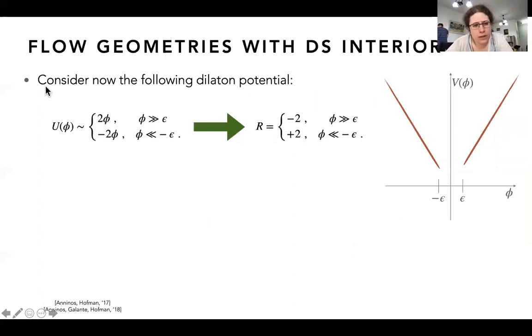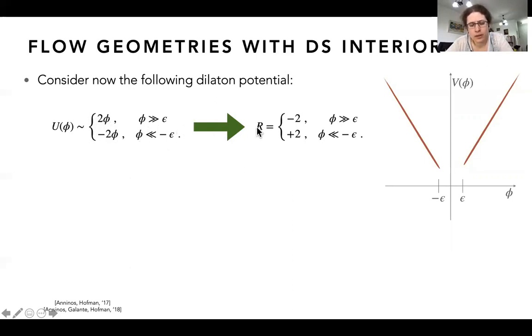Okay, so now let's consider the following dilaton potential, which essentially is going to have 2 portions. So it's going to be proportional to twice the dilaton for positive values of the dilaton, essentially positive values of the radial coordinate. And it's going to be proportional to minus twice the dilaton for negative values of the dilaton.